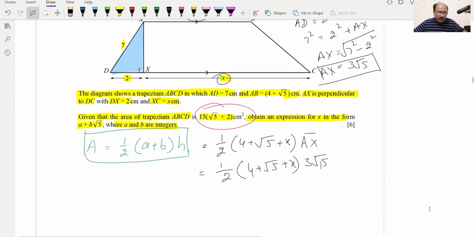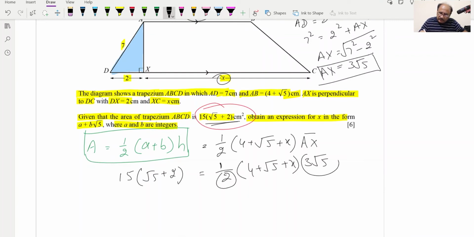Now we can find the value of x. To find value of x, we will be shifting, and we know the area is provided over here, so area we can write it as 15 under root 5 plus 2, this one, and now we can shift this 2 and 3 under root 5 to the other side of equality, so 15 root 5 plus 2 in brackets, and root 5.